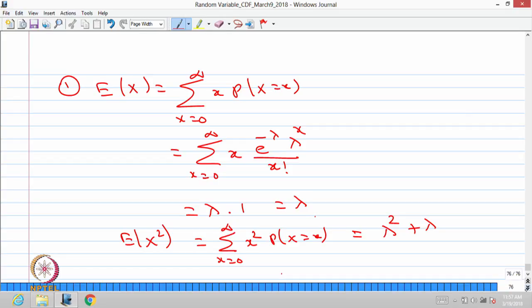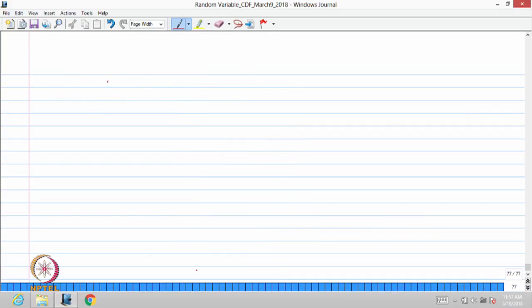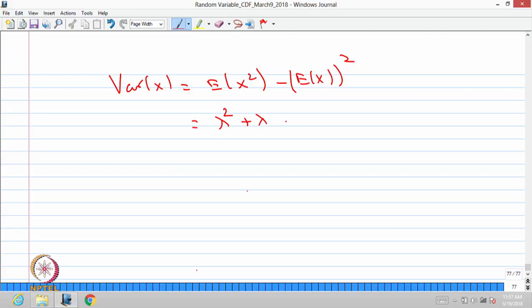Therefore, you can get the variance of x, that is E of x square minus E of x the whole square, and expectation of x square is lambda square plus lambda, and E of x is lambda, therefore that is lambda square. So, simplify, you will get lambda. So, this is a very important result.